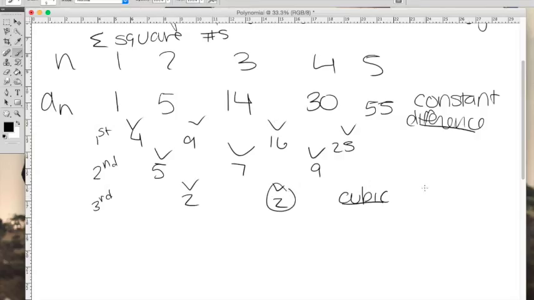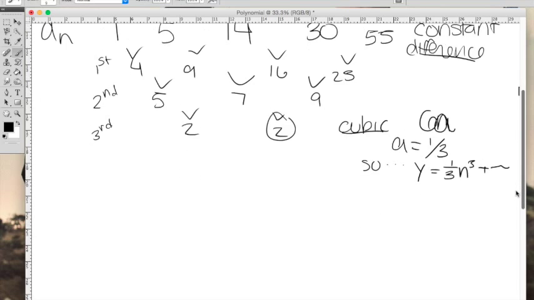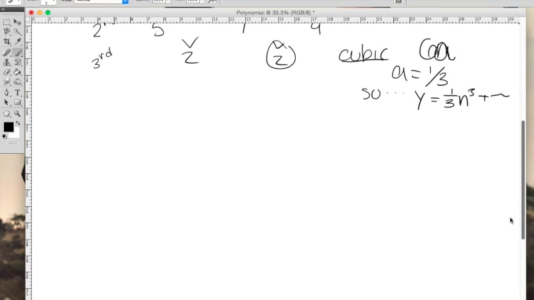I learned that this number here is 6a, so a equals 1/3. So the equation is y equals 1/3 n cubed plus, we'll figure it out later, but it is 1/3 n cubed.